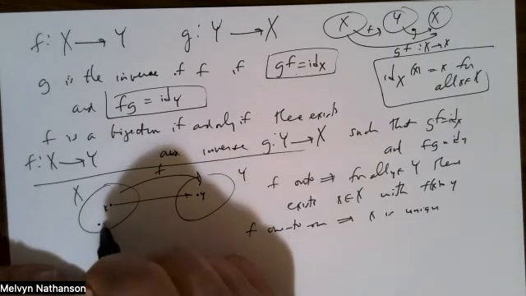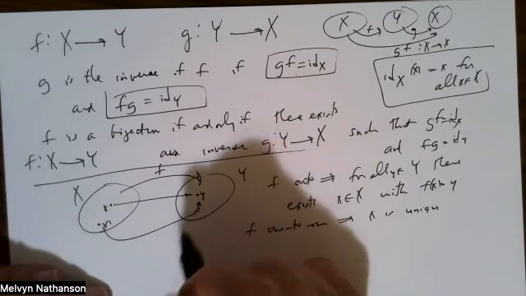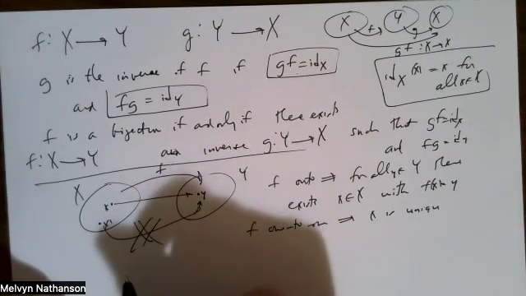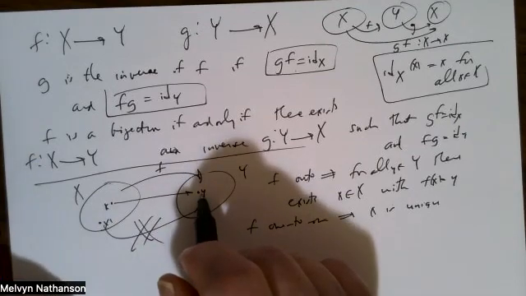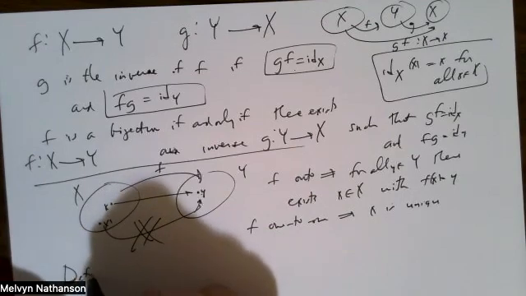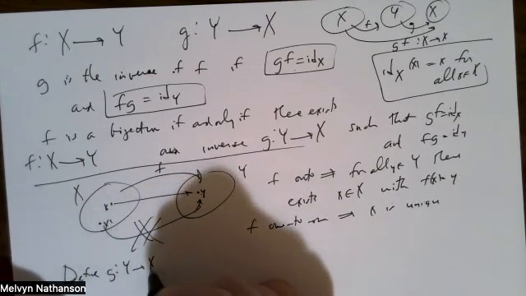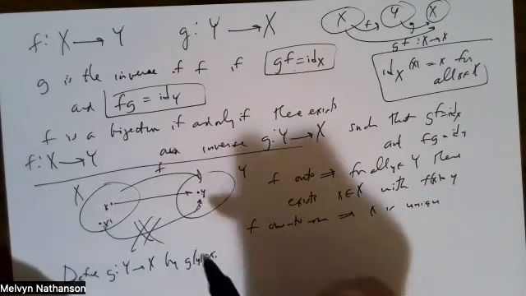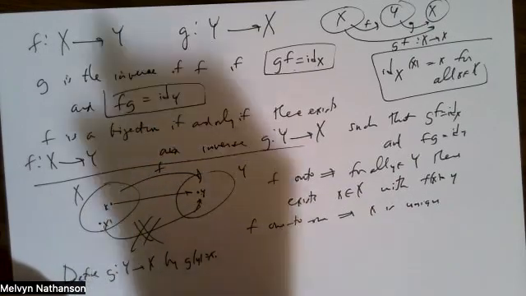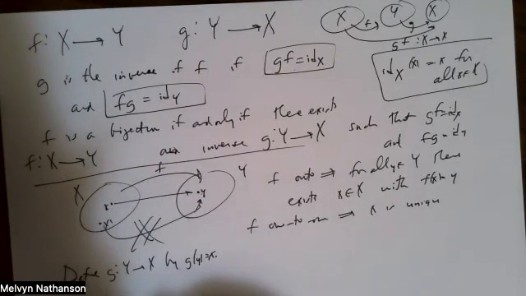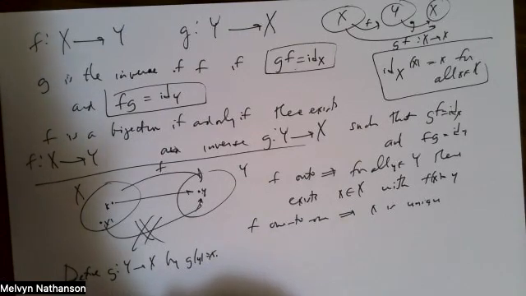You can't have another element x prime, say, which also gets sent to y. That's not possible because the function is one to one. So every y comes from a unique element x. So we define g from y back to x by g of y equals x. So if a function is a bijection, it has an inverse.